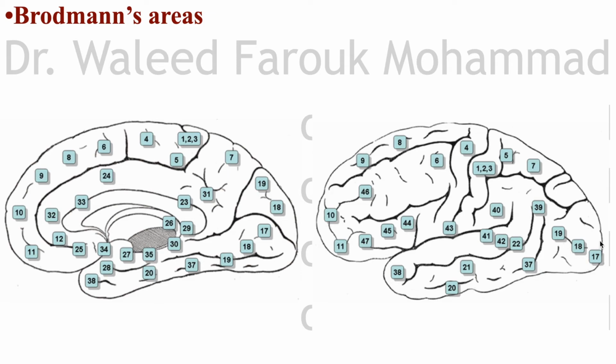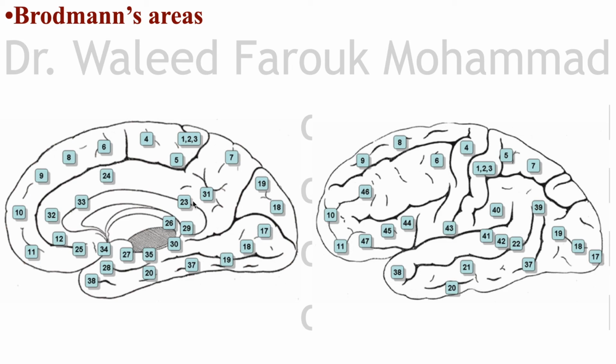On the lateral surface, they are arc-like. Area 17, area 18, area 19, but they are continuous on the medial side, both above and below the calcarine sulcus. There should be here area 17 and 17, 18 and 18, 19 and 19. See that? The 19 goes to the lateral side and continues as an arc, and continues then on the inferior side. And the same applies to areas 18 and 17.